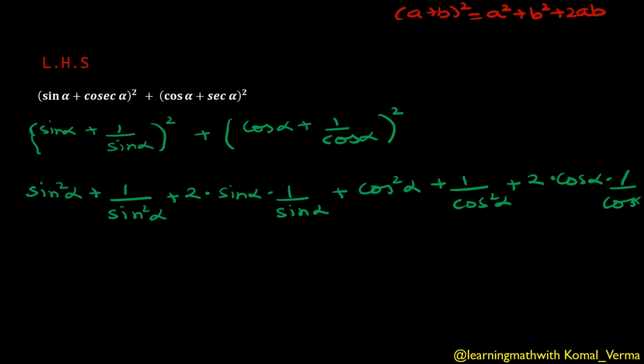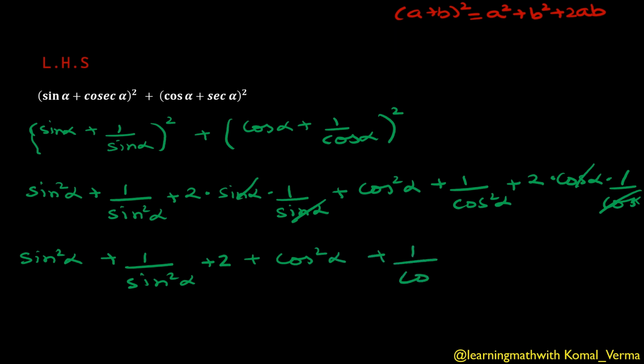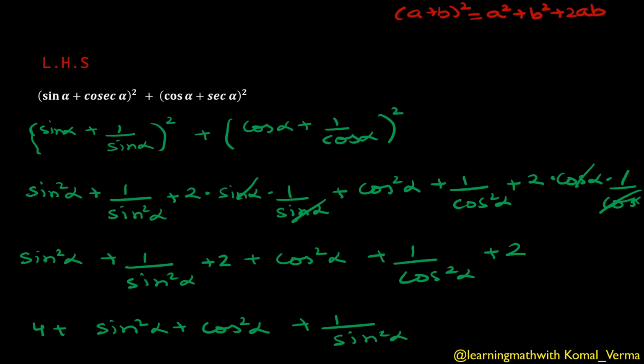From this, sin alpha and sin alpha cancel out and cos alpha and cos alpha cancel out, and this will become sin square alpha plus 1 upon sin square alpha plus 2 plus cos square alpha plus 1 upon cos square alpha plus 2. After simplification, we get 4 plus sin square alpha plus cos square alpha plus 1 upon sin square alpha plus 1 upon cos square alpha.